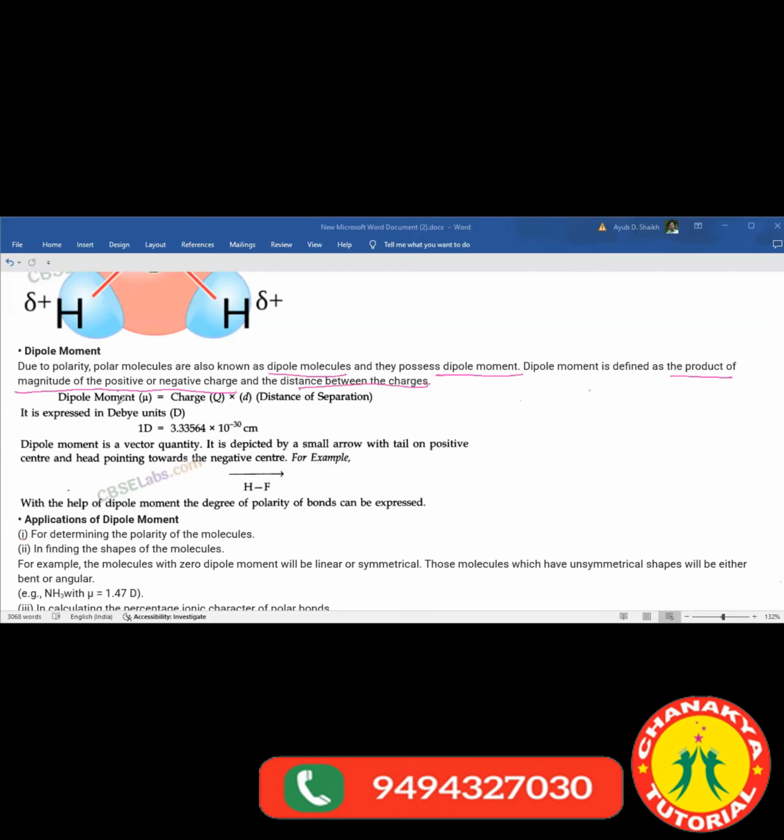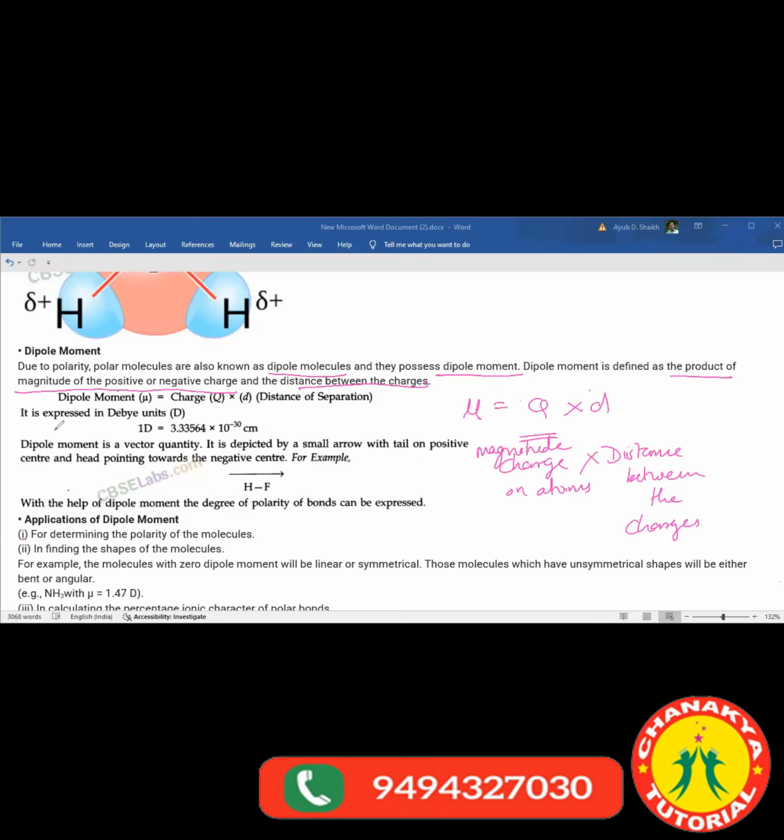So dipole moment is denoted by mu, which is equal to Q times D, where Q is the magnitude of charge on the atoms and D is the distance between the charges.